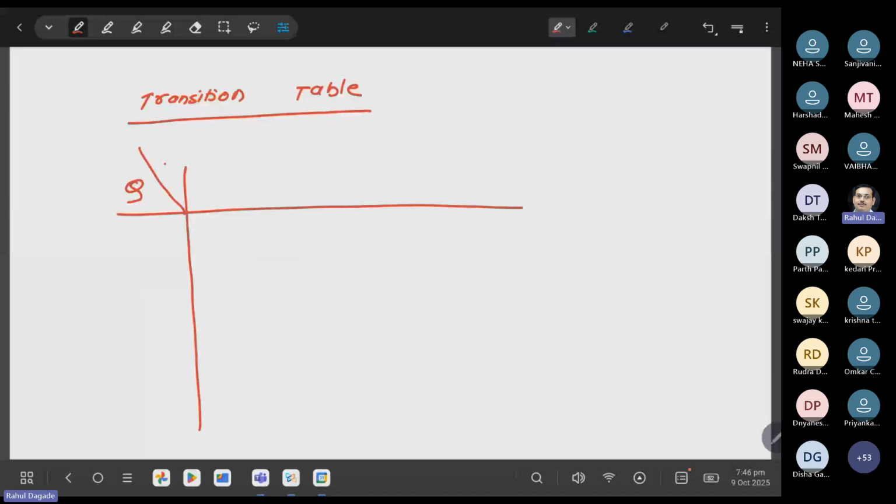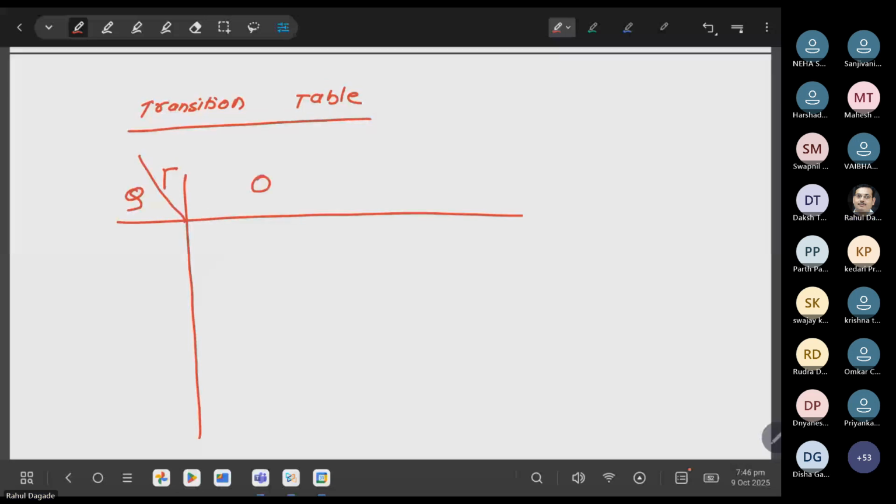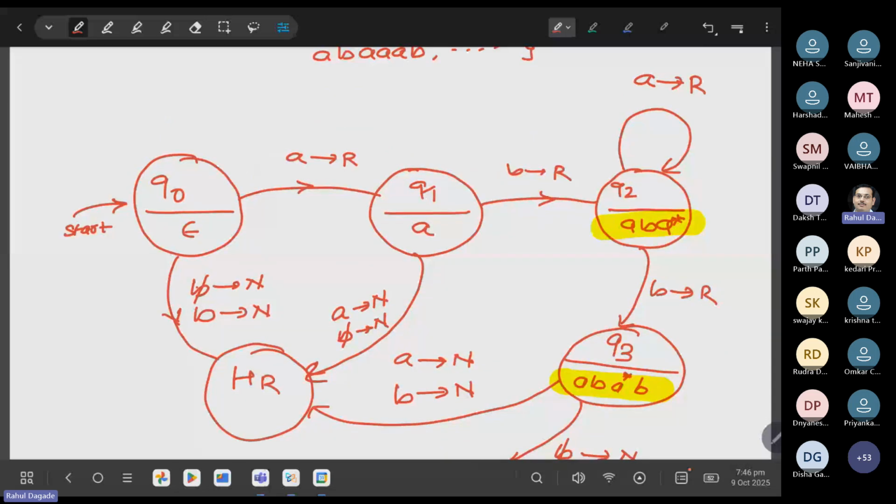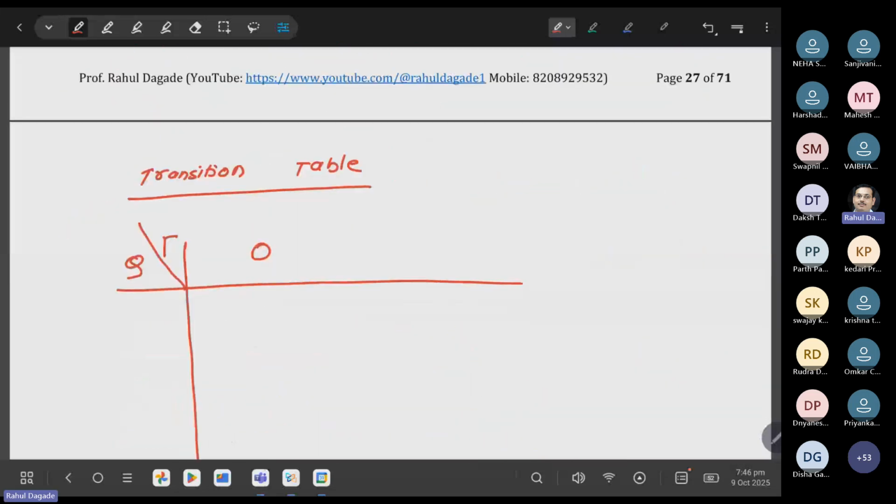So which are the tape symbols? No, 0 नहीं, sorry, AB. AB or blank. So let us take this A, B, blank.